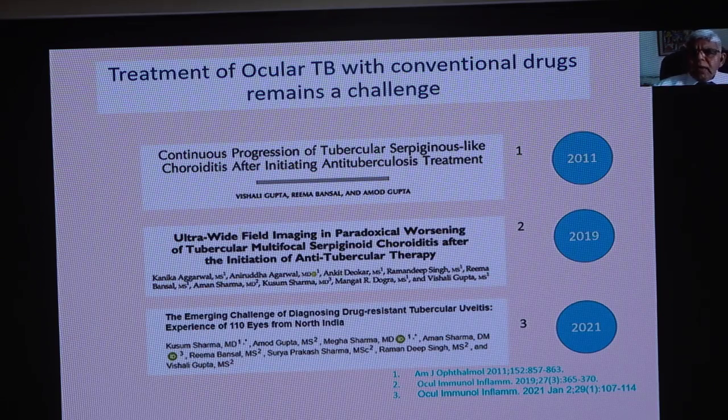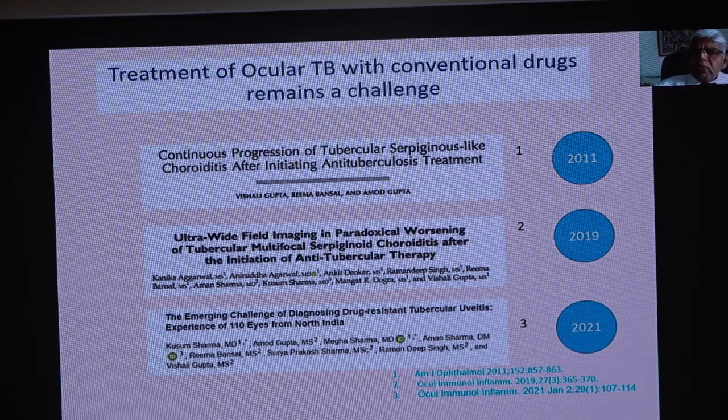Specifically, I'd like to flag the challenges that we face, which have now been seen all over the world. A similar challenge that we flagged nearly more than 10 years ago is that once you start anti-TB drugs, some of these lesions, especially the serpiginous-like choroiditis, immediately start worsening, or what we call a paradoxical reaction is seen, and these lesions keep on progressing.